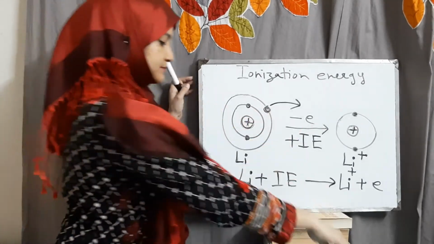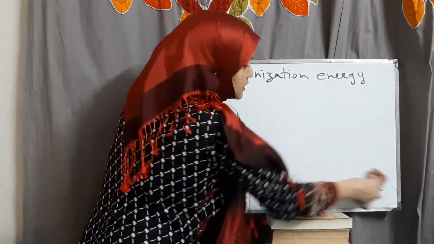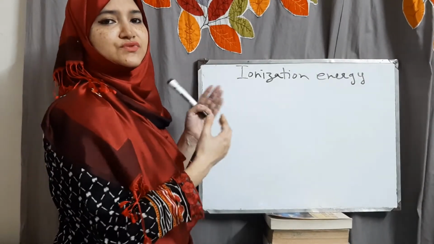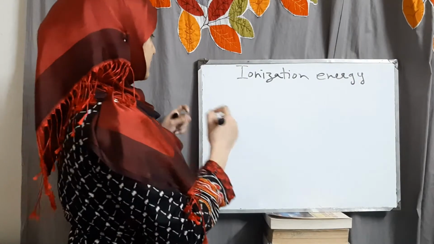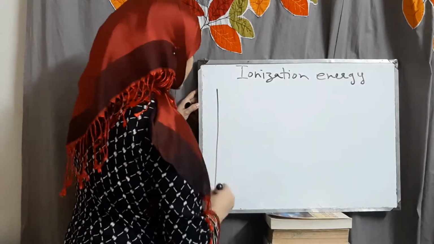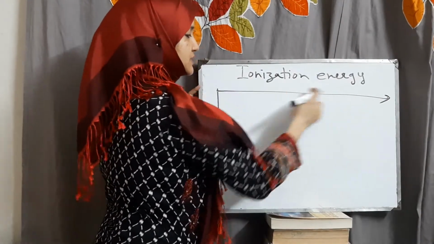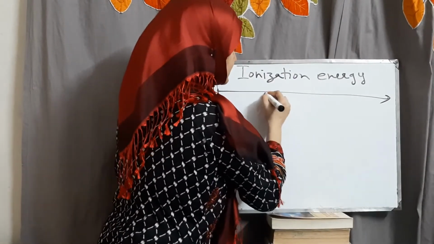Okay, this is also a periodic property of any element, and we ask how it changes from left to right in a period and from top to bottom in a group. As we move from left to right in the periodic table, the ionization energy increases.